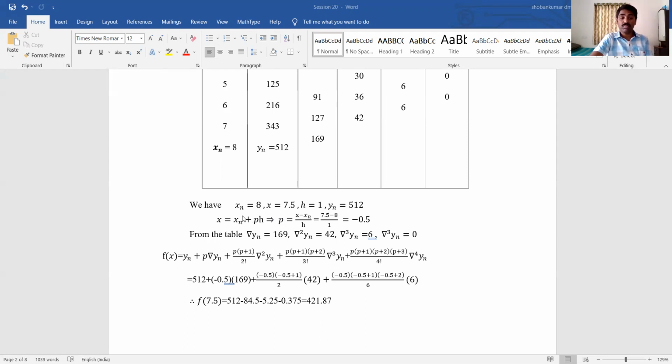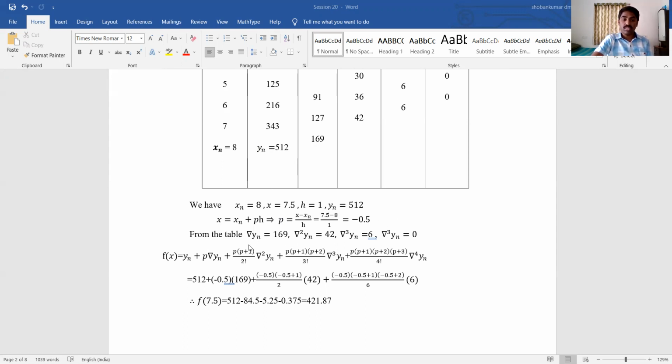In forward interpolation, we take x equal to x0 plus ph. This is backward interpolation. Therefore, we have to take x is equal to xn plus ph, which implies p is equal to (x minus xn) by h. Here x equal to 7.5, xn is the last value, xn is 8, divided by h, h is 1. After simplification, p is equal to minus 0.5.